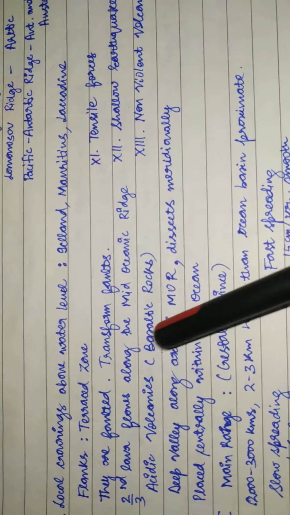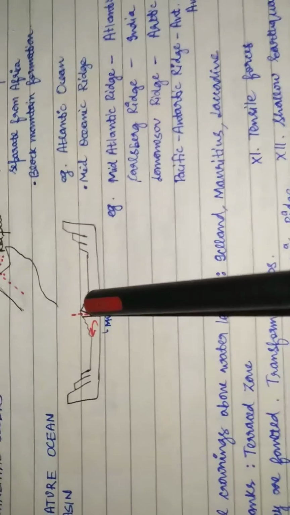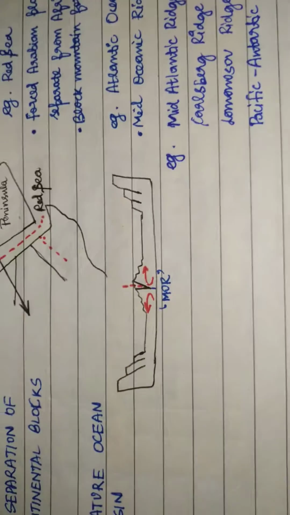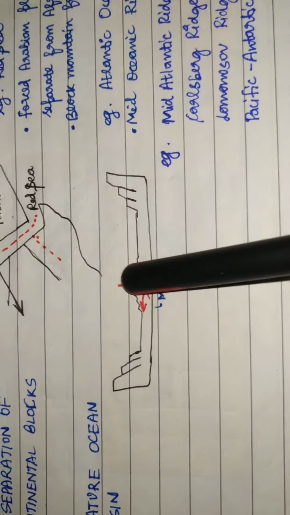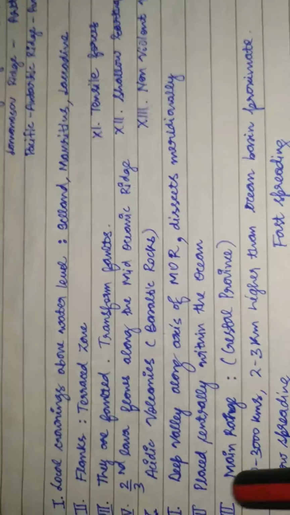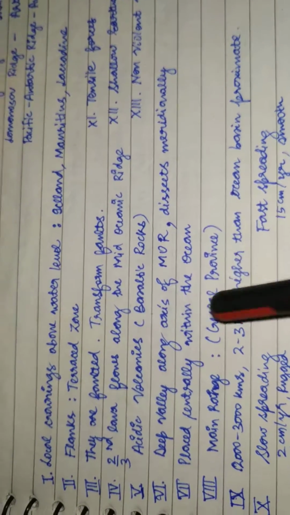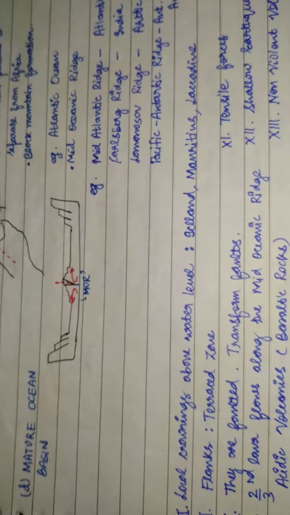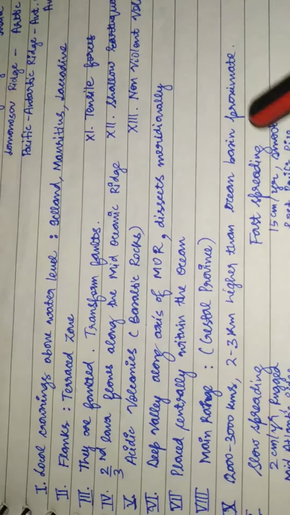Deep valley along the mid-oceanic ridges, it dissects meridionally. So I'm talking of this particular thing. Meridional dissection, and it runs all along, 2,000 to 3,000 kilometers, and it's 2 to 3 kilometers higher than the surrounding ocean basin proximate.